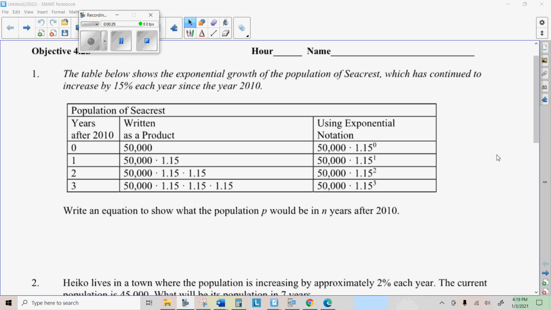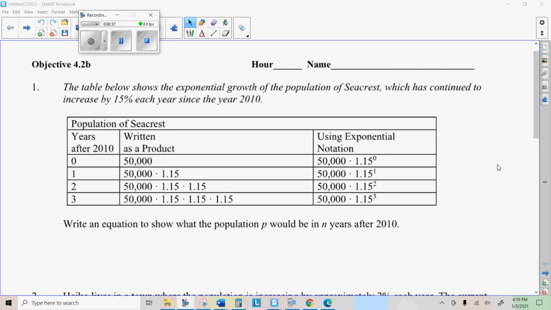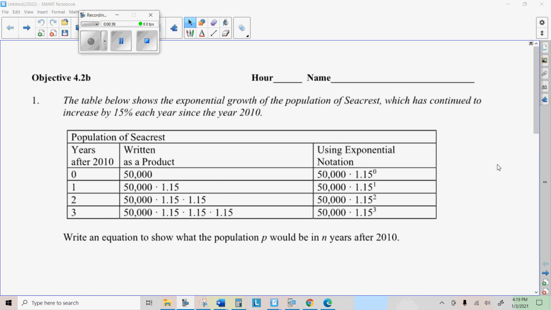In this first problem, we're showing the population of Seacrest growing. Just one quick reminder, and make sure you have these notes. If a situation is growth and it deals with the percent growth, you have to find that growth factor.